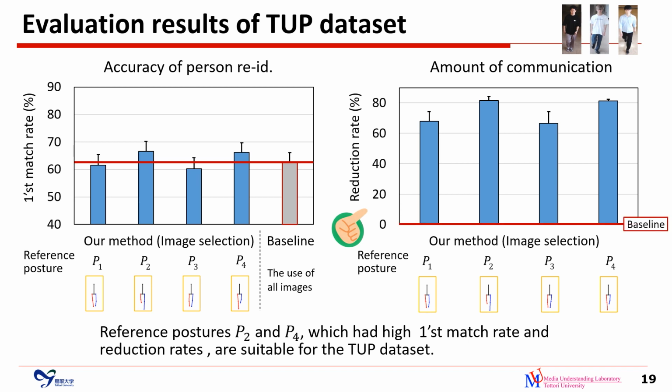The reduction rate of the baseline method was 0%. Reference leg postures P2 and P4 had a high reduction rate, more than P1 and P3. We believe reference postures P2 and P4, which had a high first match rate and reduction rates, are suitable for the dataset.